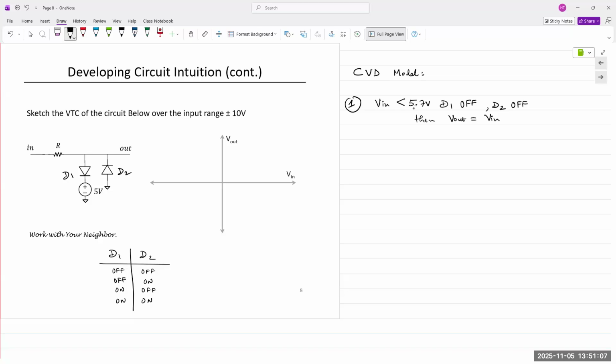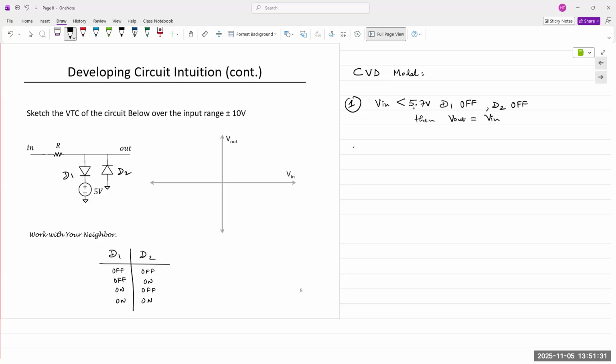So D1 is going to remain off no matter what, right? If the voltage is less than 5.7 volts, D1 is going to remain off. Do we all agree? It would never turn on. This is the similar case from the previous example.